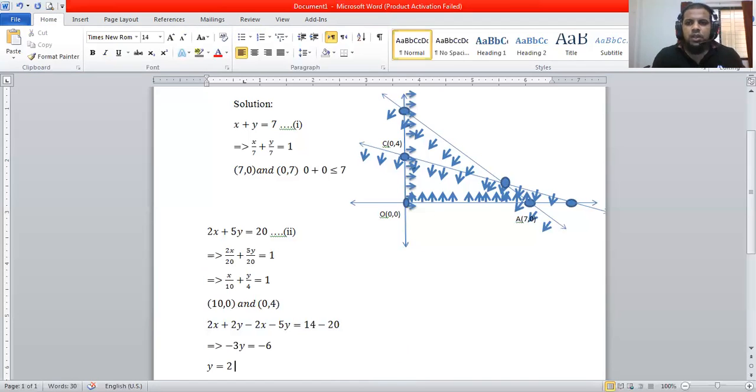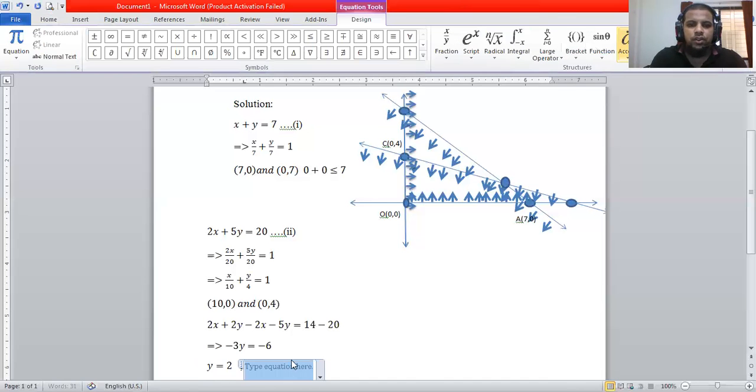So now we have to solve it. Sorry, we get just the value of y, that means the value of the ordinate. So if we put y equal to 2 in equation 1, then we will get x equal to 5. You have to show the solution. That means it is 5 2.